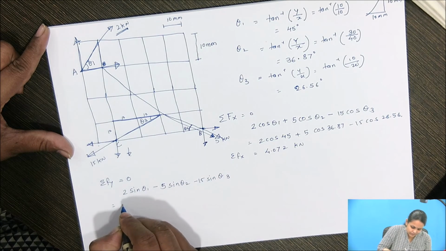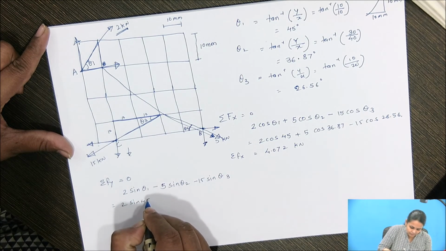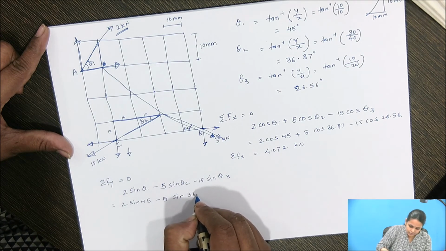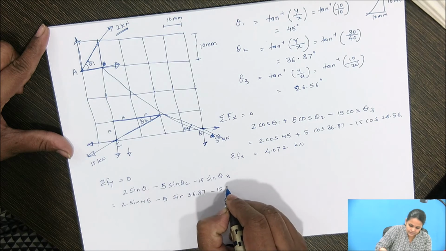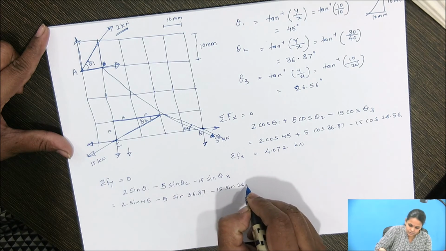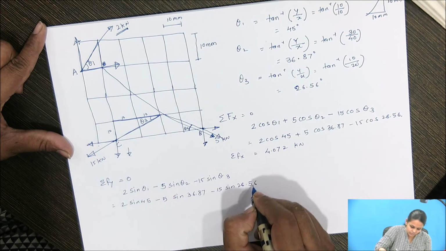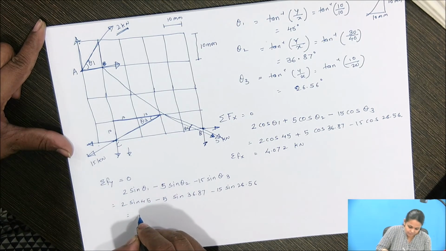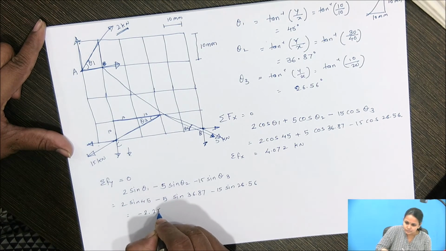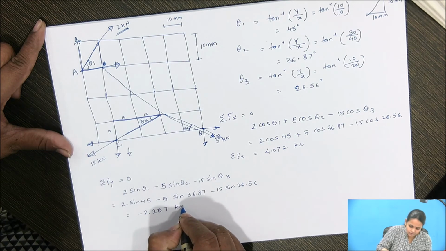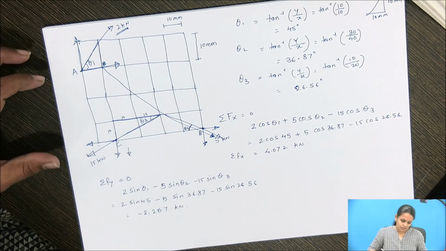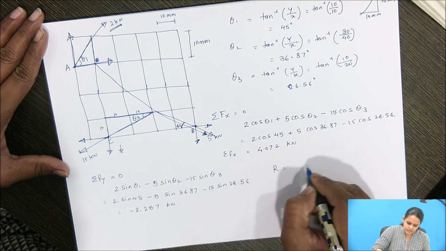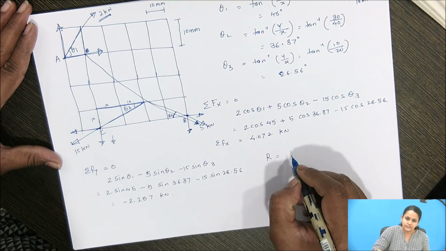So here you will get 2 sin 45 minus 5 sin 36.87 minus 15 sin 26.56. So summation of f of y will be minus 2.257 kilonewton.